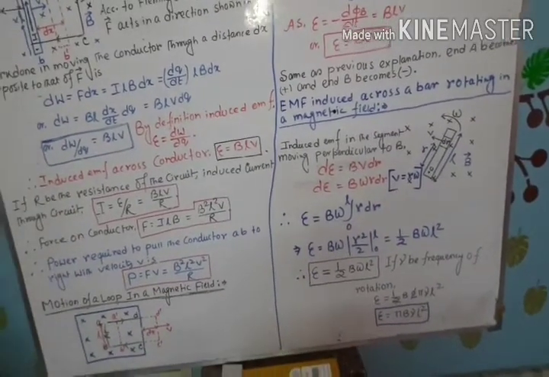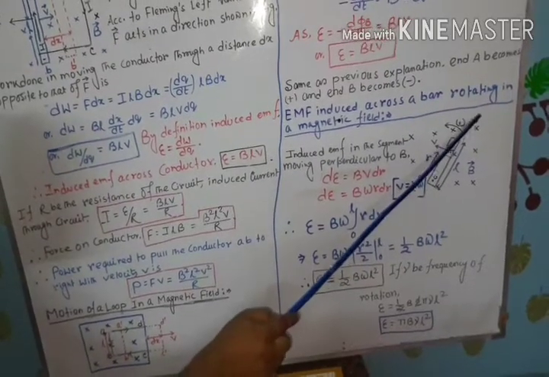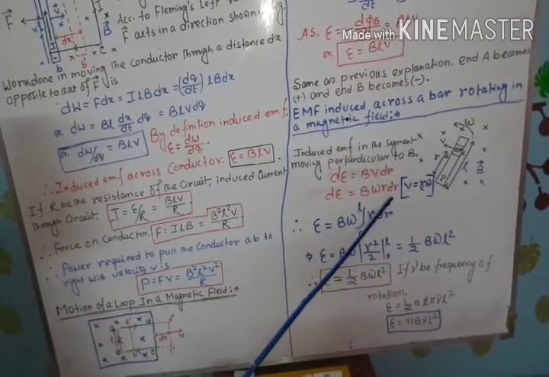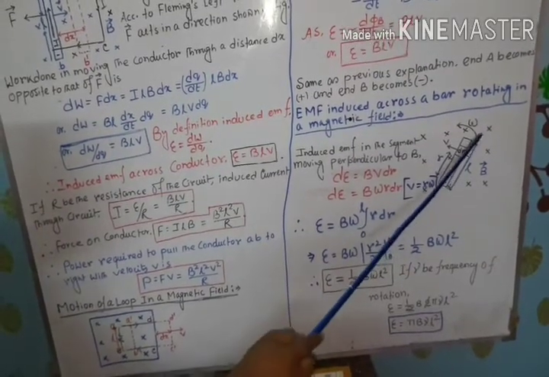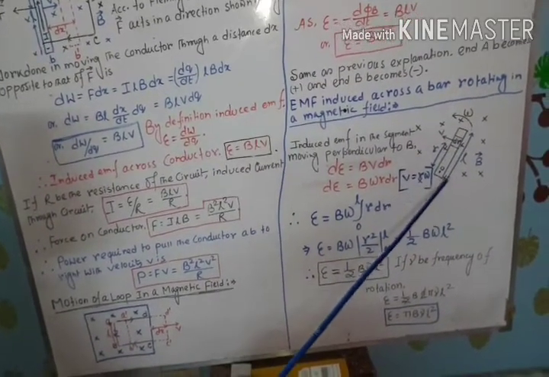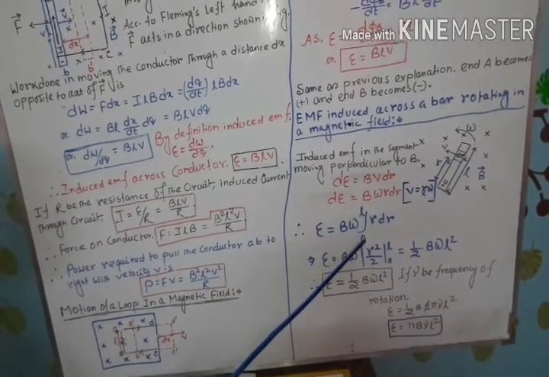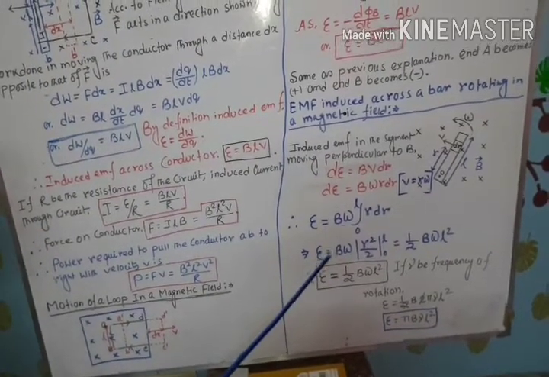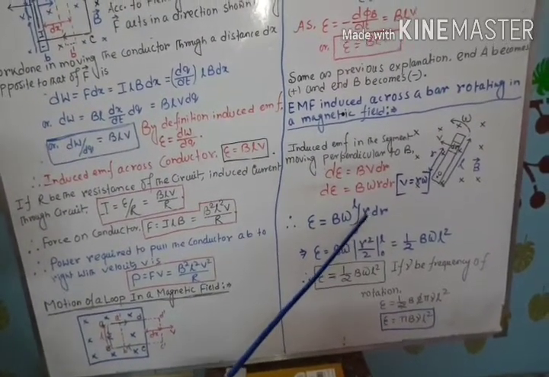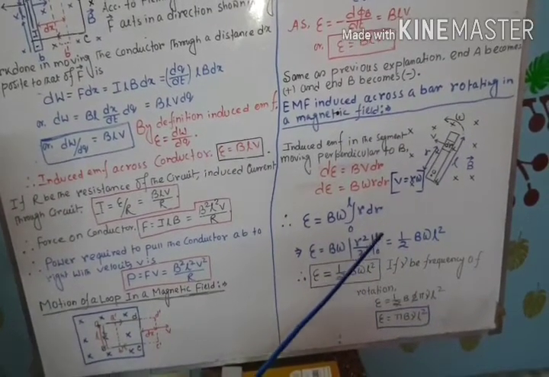But our aim is to determine the induced EMF for the whole conductor. So we have to integrate this equation, where the integration limit is from 0 to L, meaning r varies from 0 to L. So E equal to B omega integration from 0 to L of r dr. The integration of this is r square by 2, between the lower limit and the upper limit.